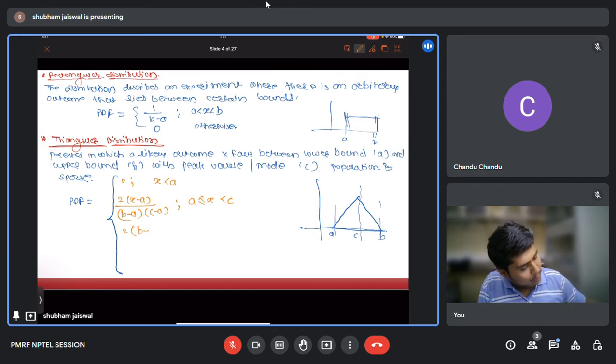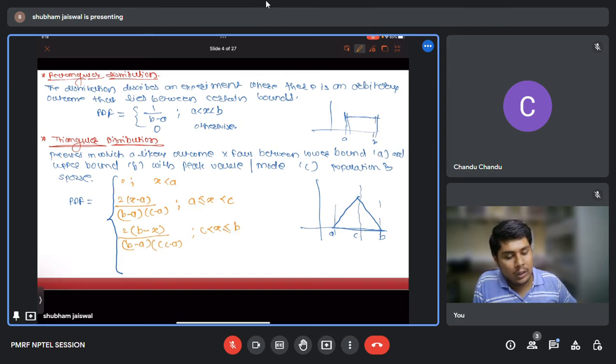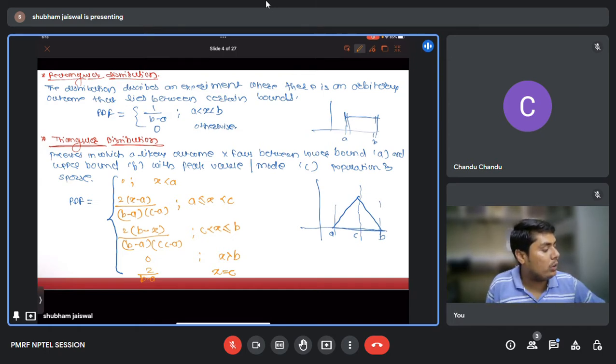And 2 times (b minus x) upon (b minus a) and (c minus a), when c is less than x and x is less than or equal to b. It is 0 when x is greater than b, and it is 2 upon (b minus a) when exactly x equals c. So this is about the triangular distribution.